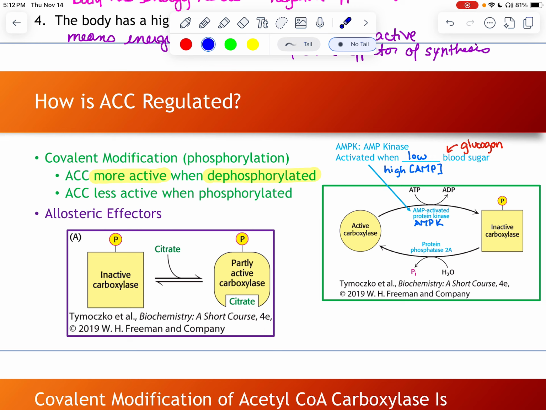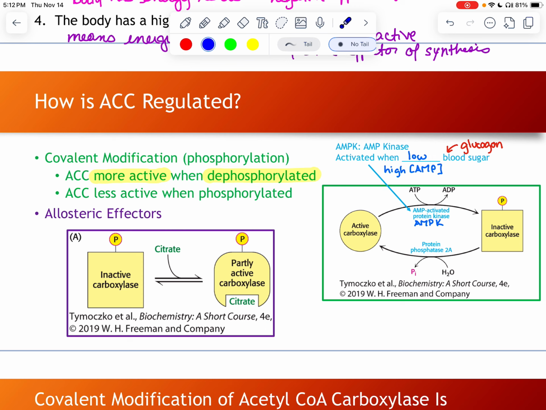So when we have low blood sugar, then we will emit glucagon, this hormone that will set off that cascade that will activate this kinase that adds that phosphate on here and deactivates the ACC enzyme. All right, that was a lot.